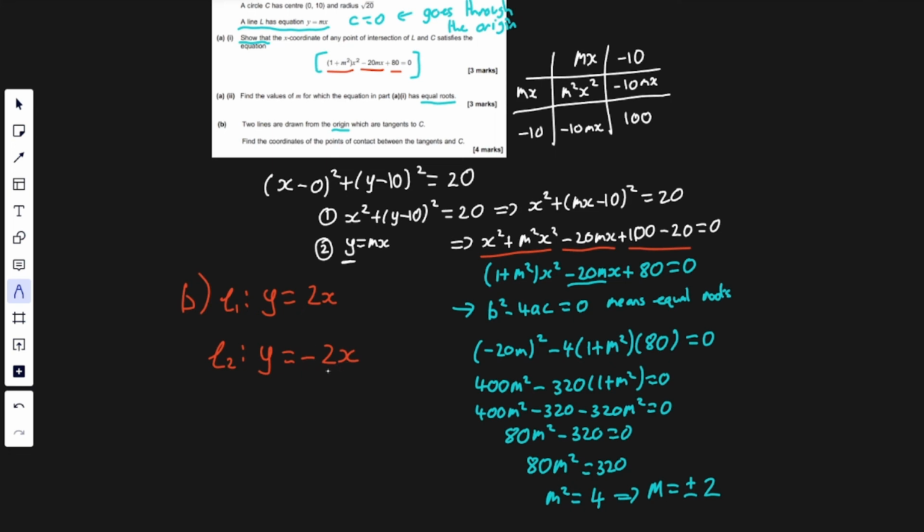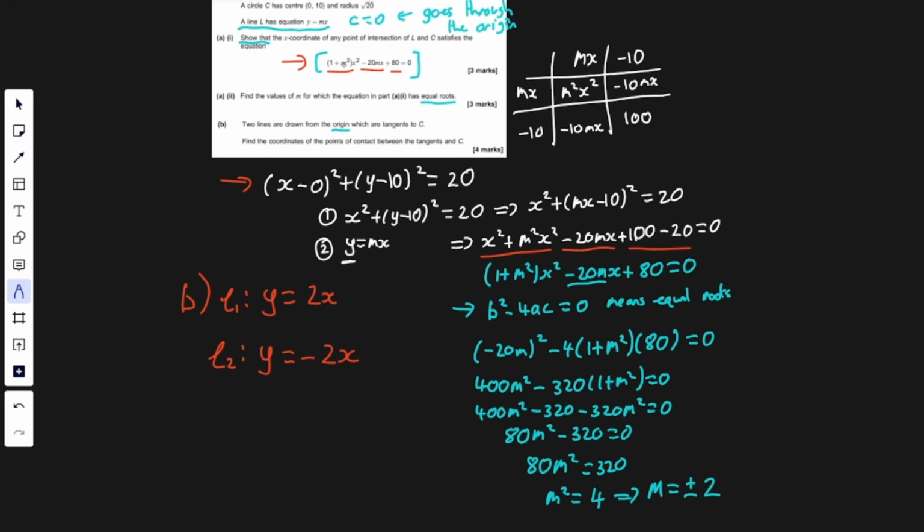These should be tangents because they only intersect our circle once by construction. Now, what it actually asks us to do is find the coordinates of the points of contact between the tangents and C. Now actually we could try to intersect our two lines with this, but it'd be a bit of a waste of time because we've already done most of the work in part A, I.